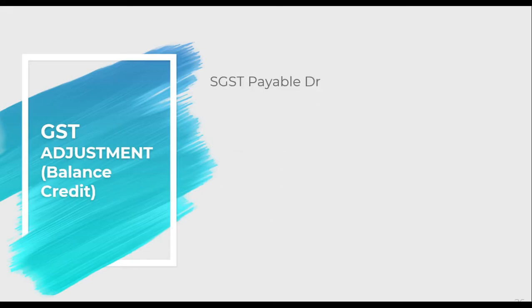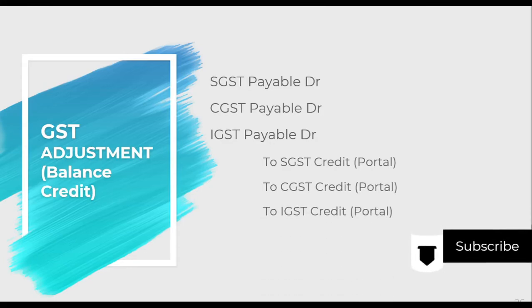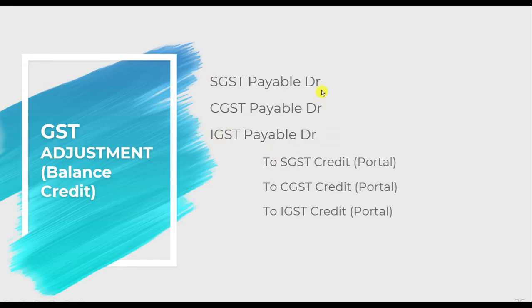How can you pass the entries again? SGST payable debit, CGST payable debit, IGST payable debit, to SGST credit, to CGST credit, to IGST credit. You can see that these three were created when we adjusted our output CGST, SGST and IGST. These three were created when we adjusted our purchase input liabilities.